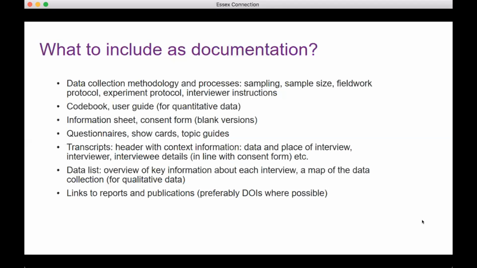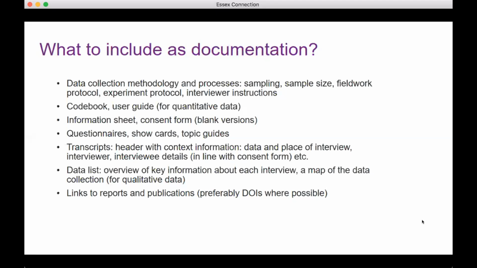So what exactly should be included as documentation when archiving data? Examples include a methodology file, explaining how the data was collected, sample size, fieldwork protocols, codebook, user guide, blank versions of the consent forms and information sheets that were used, the questionnaire that was used, a data list, and we will have a closer look at what the data list is.